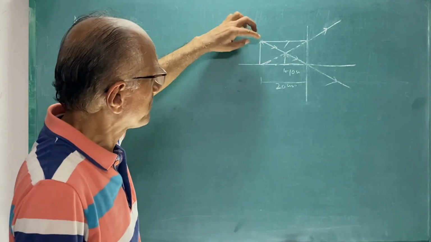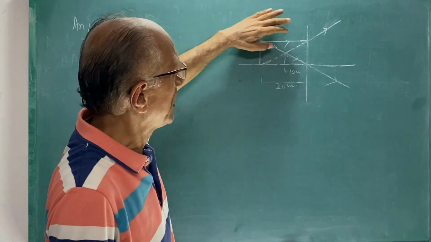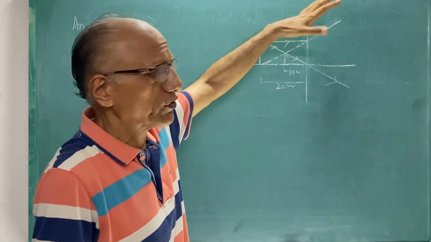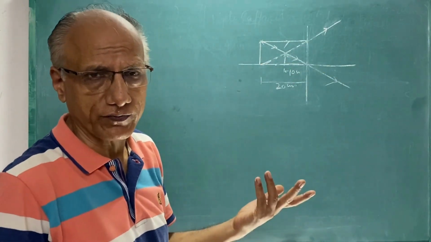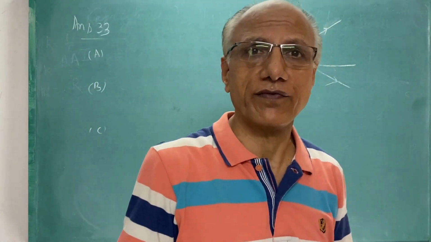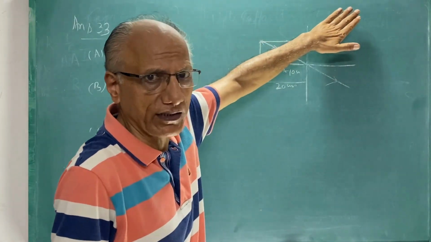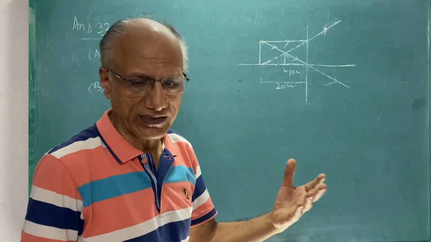So you see, the ray which is parallel to the principal axis from the object is being diverted or diverged. And the ray through the optical center, whatever kind of optical instrument this is, is not going to deviate. But in this case, it is being diverted. That means diversion. So the lens is a diverging lens.